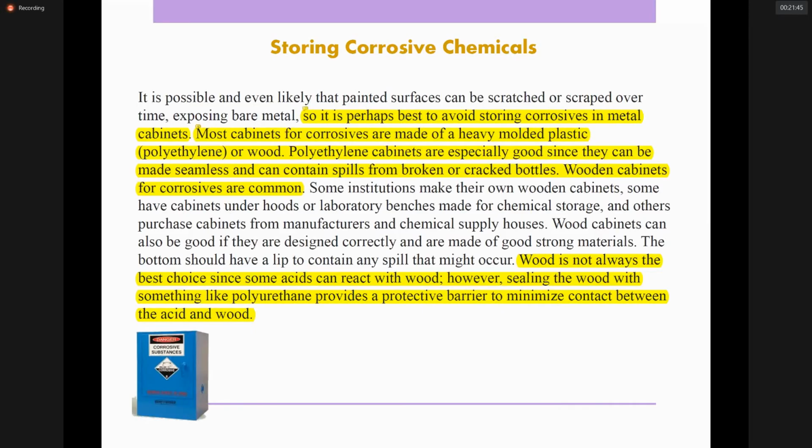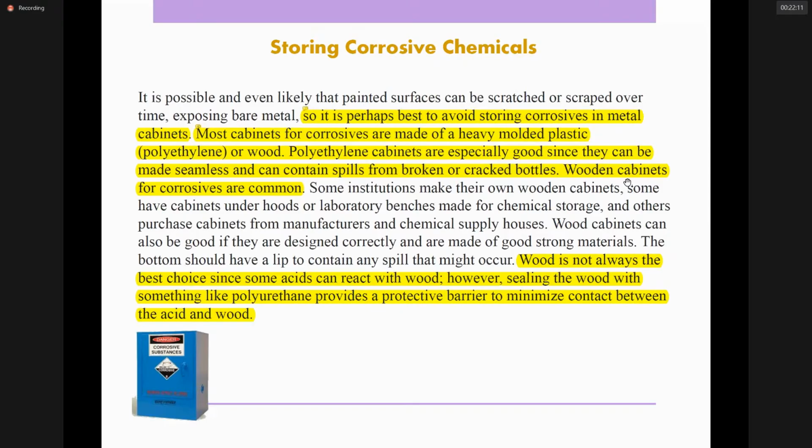chemicals. Most cabinets for corrosives are made of heavy molded plastic called polyethylene, or wood. Polyethylene cabinets are especially good since they can be made seamless and can contain spills from broken or cracked bottles. Wooden cabinets for corrosive chemicals are also common.